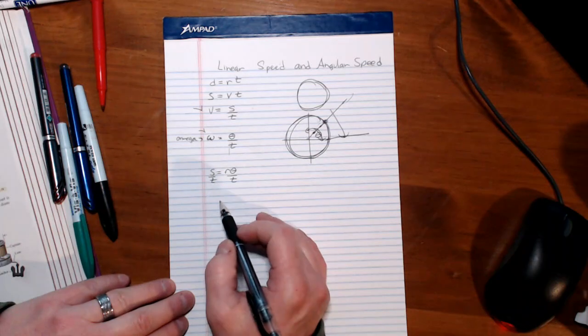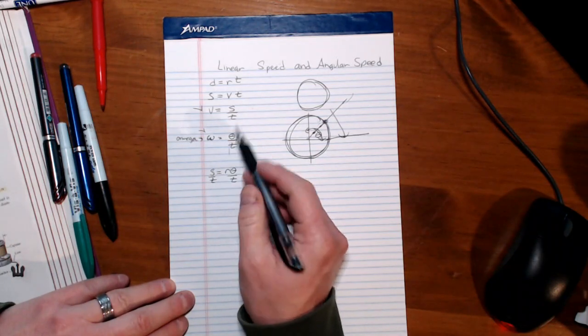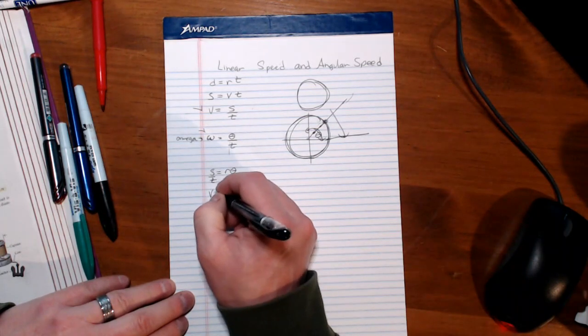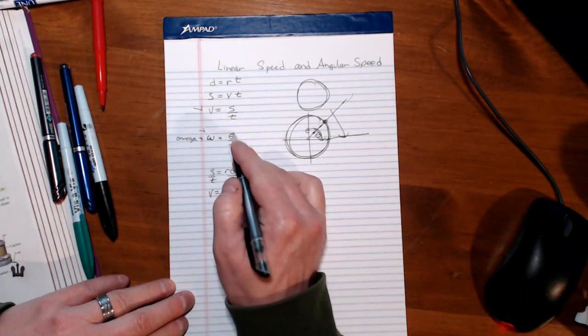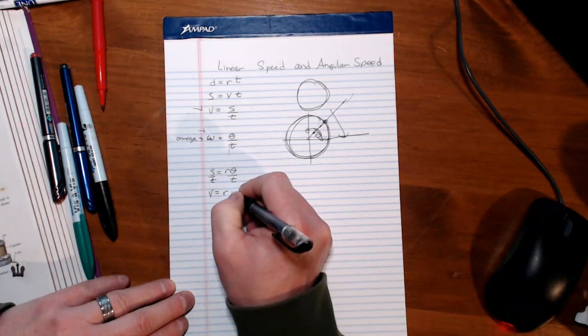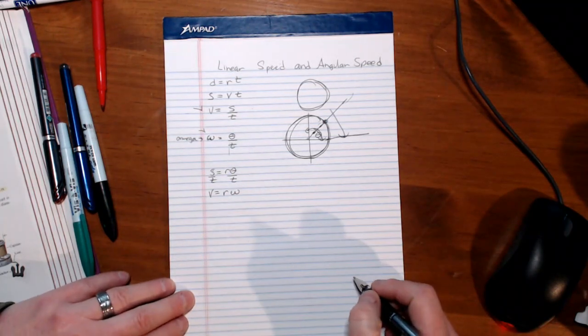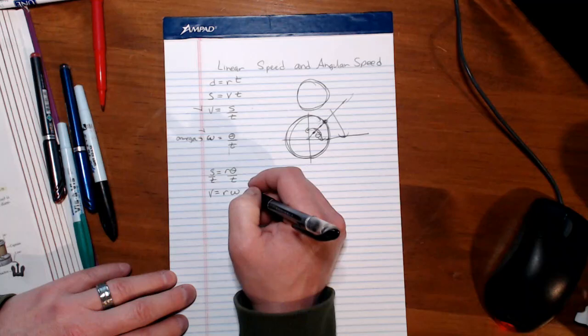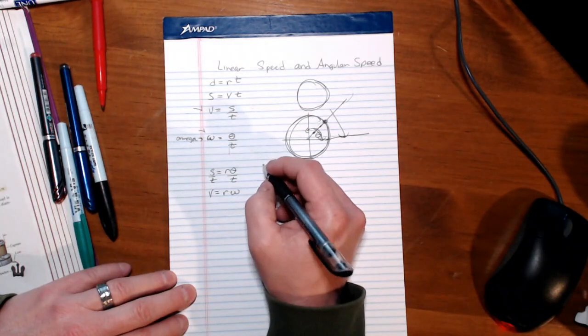I'm going to divide both sides by t. Now I know that s over t is equal to v, and theta over t is equal to omega. So I now have this relationship, and omega represents angular speed.